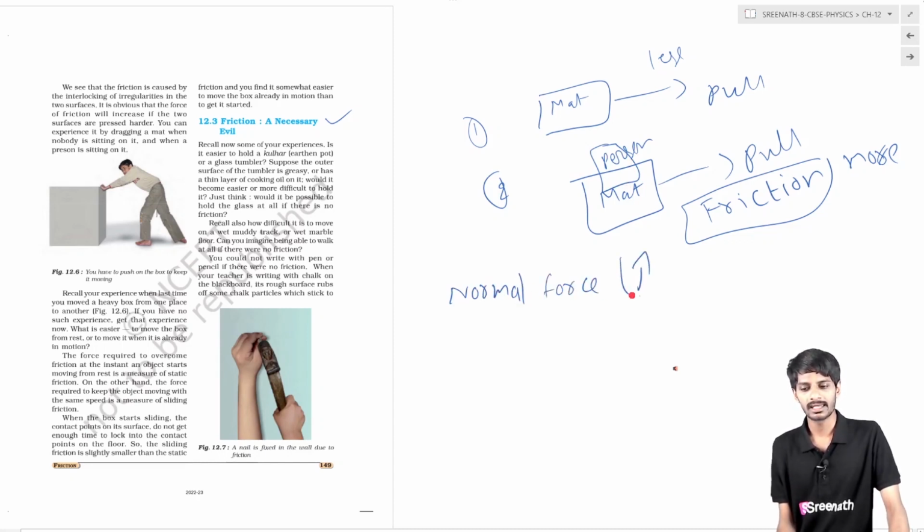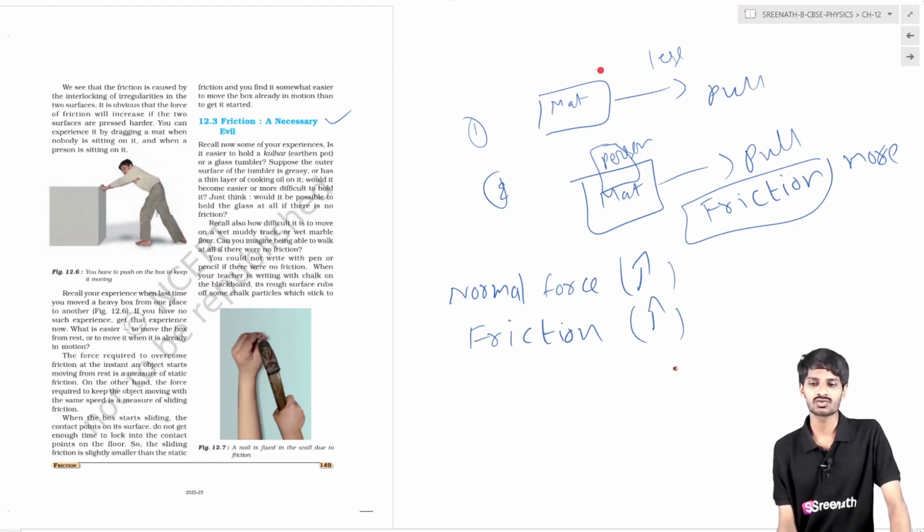The normal force will increase when objects or persons are lying on the mat. So when the normal force increases, friction also increases. But here there is only one mat, so the normal force is N1 only, due to W1, which is the weight of the mat.